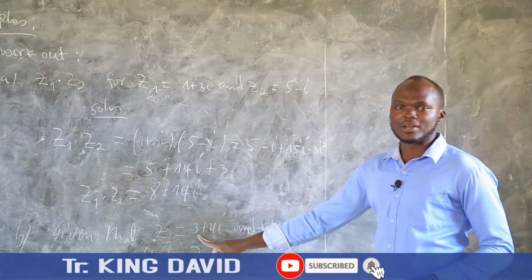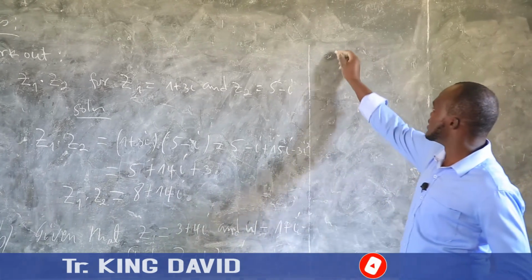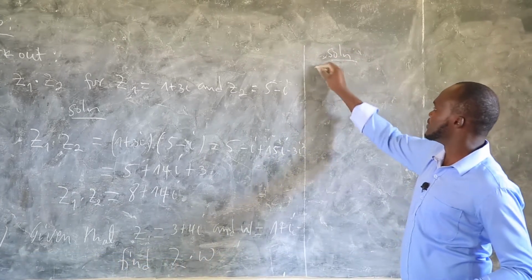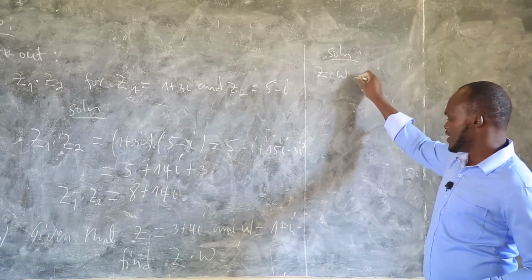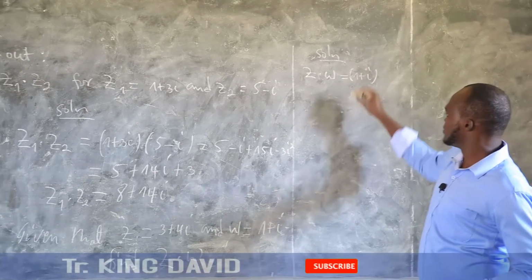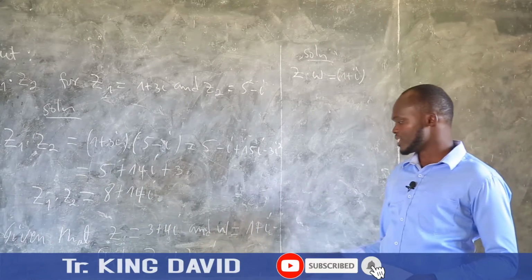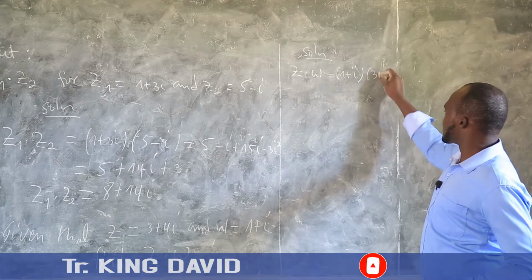Our z is 3 plus 4i. Our w is 1 plus i. So what is z times w? It will be 1 plus i, which is w, times 3 plus 4i. You know that multiplication is commutative.